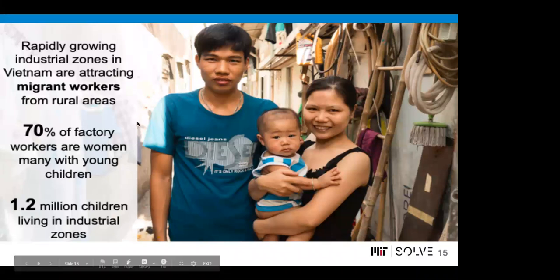Our caregiver training program in Vietnam was the project that won the Solve Award last year. To give you a little background on the challenge, there's a lot of economically driven migration happening across Vietnam as it becomes the new center for manufacturing and production. A lot of clothes are manufactured there.